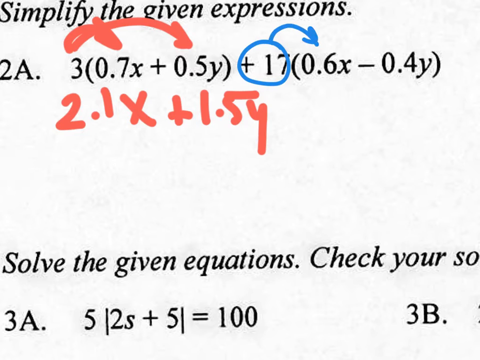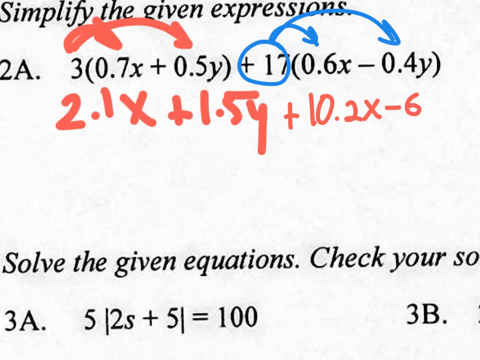17 times 0.6. What's 17 times 0.6? Help me out here with the calculator. So it's positive 10.2 with an x. And last but not least, how about 17 times 0.4? 6.8. Okay, so we have a minus 6.8, and of course it has a y on it.